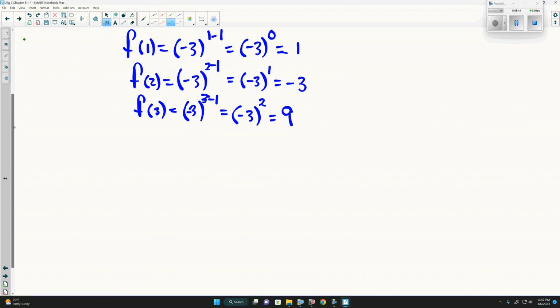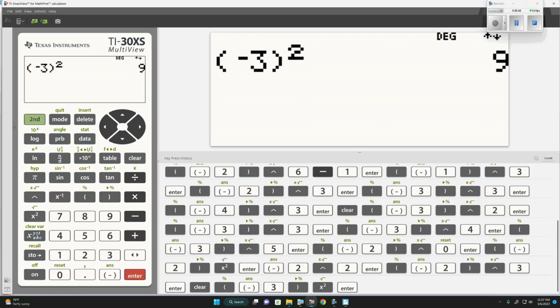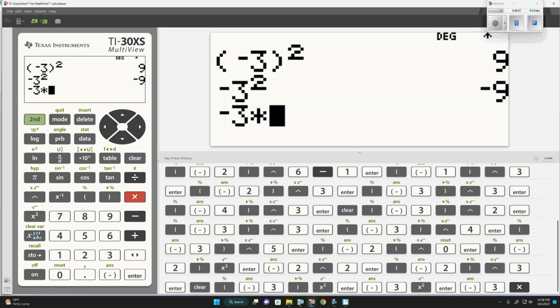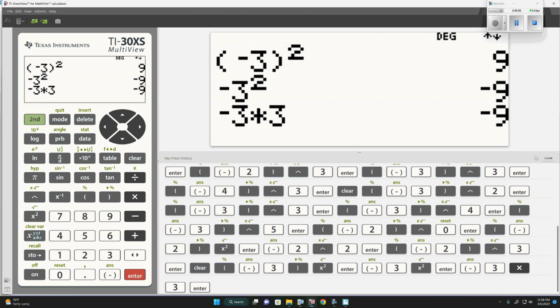Negative 3 times negative 3. Yeah, so if we type it in as negative 3 squared, it will indeed give us negative 9, because what the calculator is seeing is negative 3 times 3, not negative 3 times negative 3.